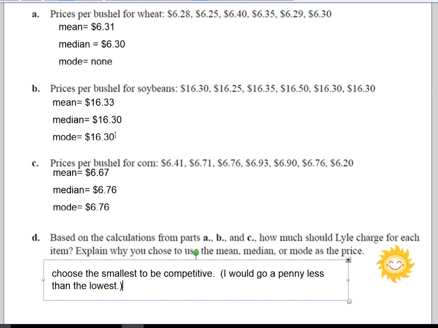For the soybeans, I would charge maybe $16.29. We don't have a mode for the wheat, but I would charge $6.29. So again, that makes my price the best, and hopefully that means I would have a lot of business.